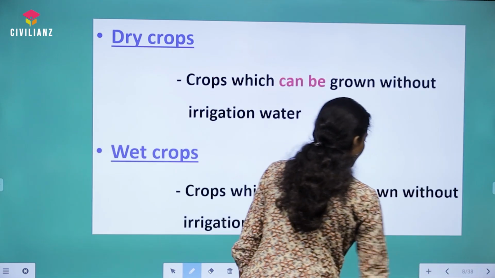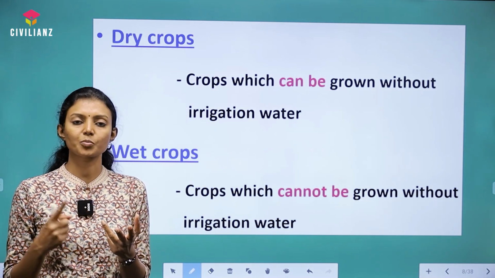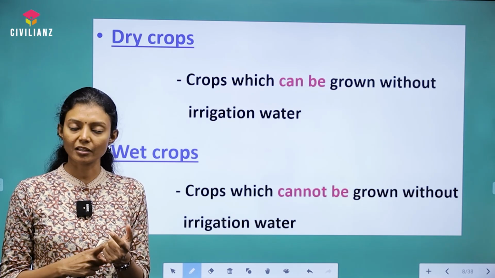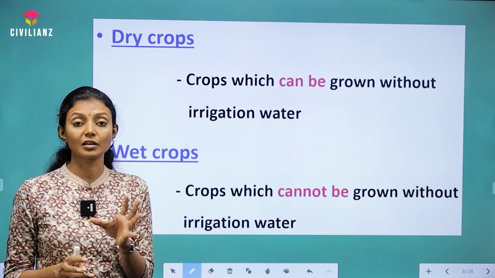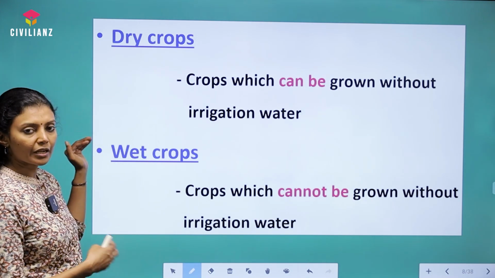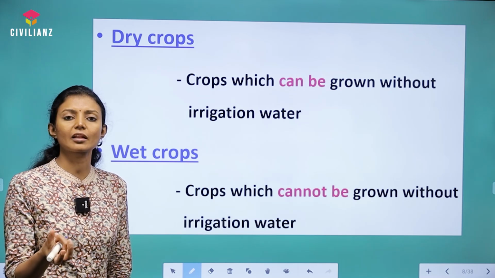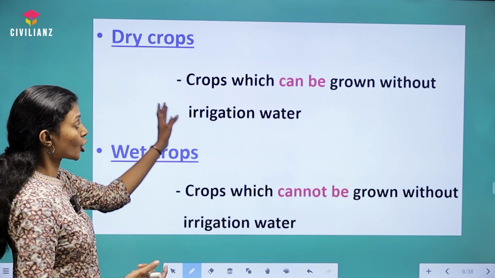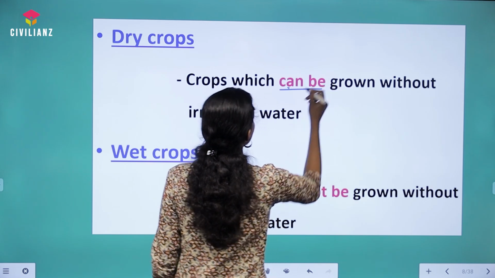Now moving on. We have discussed the main 4 crops: Rabi crops, Kharif crops, Sayat crops and perennial crops. And all these crops come under 2 categories. They can be either a dry crop or a wet crop. So what is a dry crop and what is a wet crop? Crops which can be grown without irrigation water.